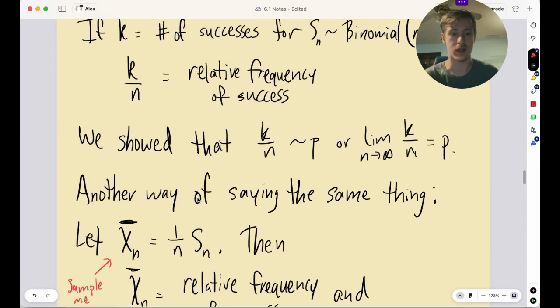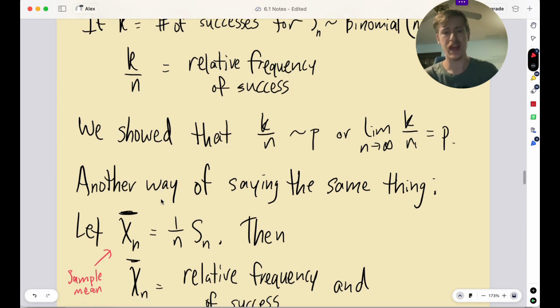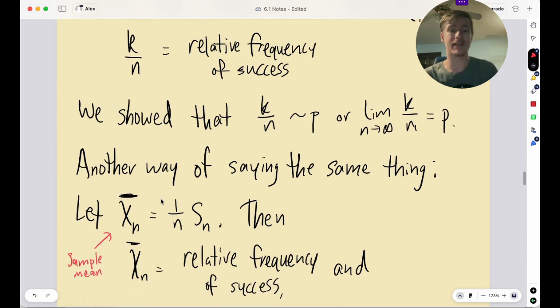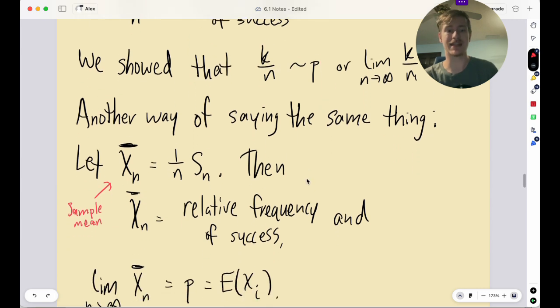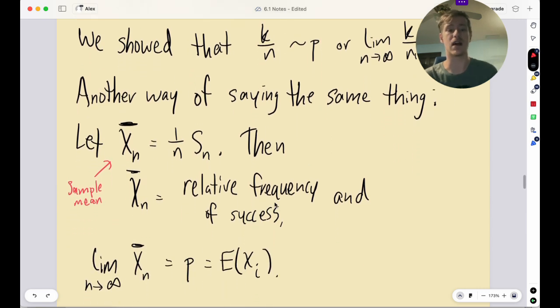It's called the sample mean because essentially you're taking an arithmetic average of finitely many random variables. Then x sub n bar is the relative frequency of success. You have the exact same relation here. So another way of phrasing this is you could say that the limit as n approaches infinity of x sub n bar is equal to p.